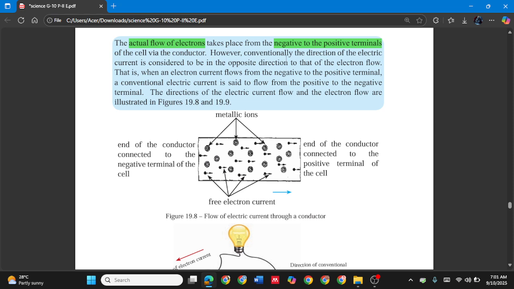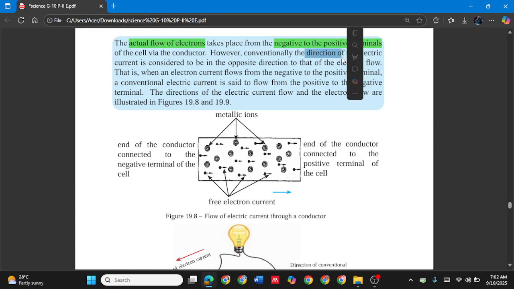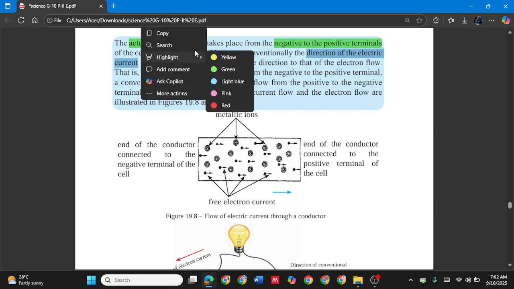However, conventionally, the direction of the electric current is considered to be the opposite direction. I already told you this one.